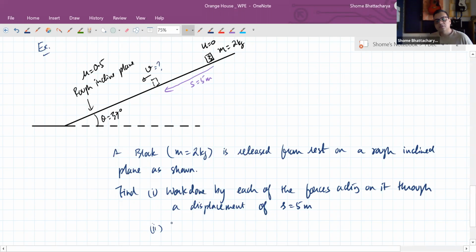Secondly, we want to find its instantaneous speed, V, at S equal to 5 meters, using the work kinetic energy theorem.